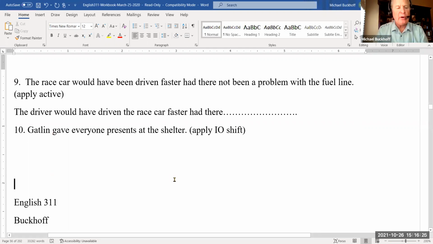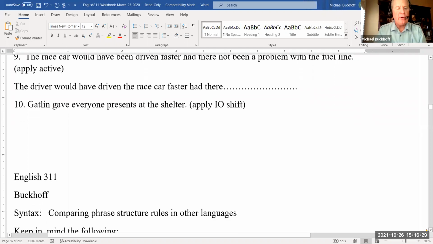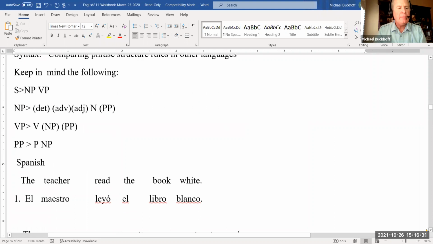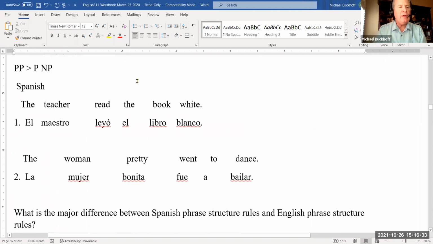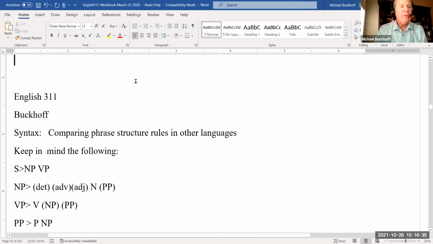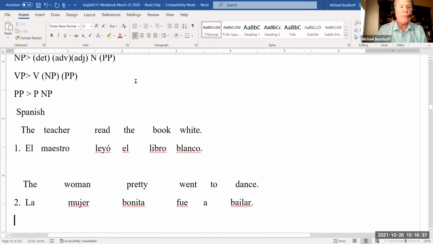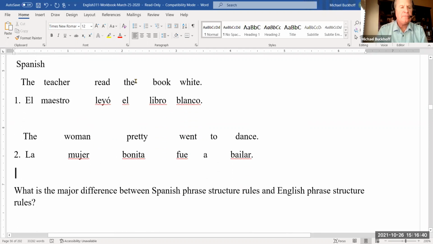Then the last thing we'll talk about today, I'll do a brief review a little bit of the quiz coming up. Okay, let's take a look at this. It's called comparing phrase structure rules in other languages. We have a Spanish speaker that can do justice to this. I speak Spanish, but I have a gringo accent.